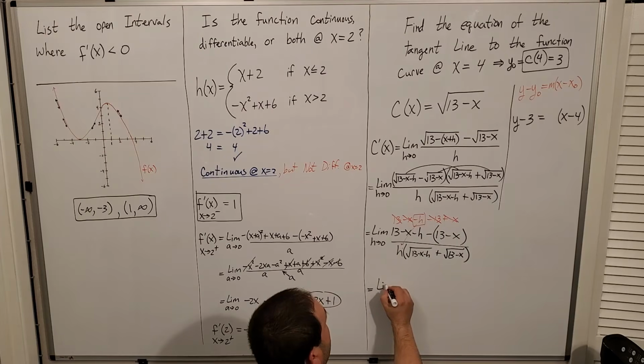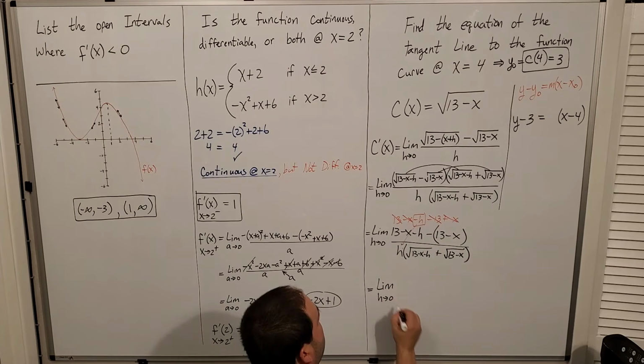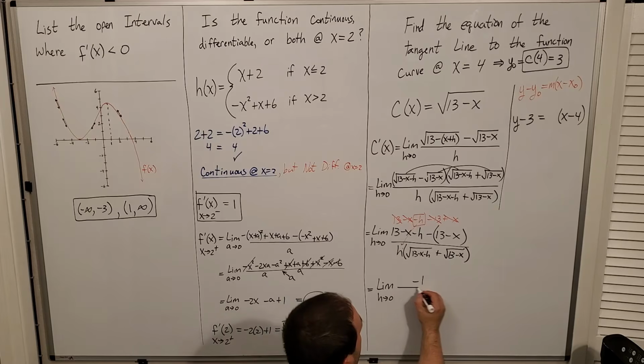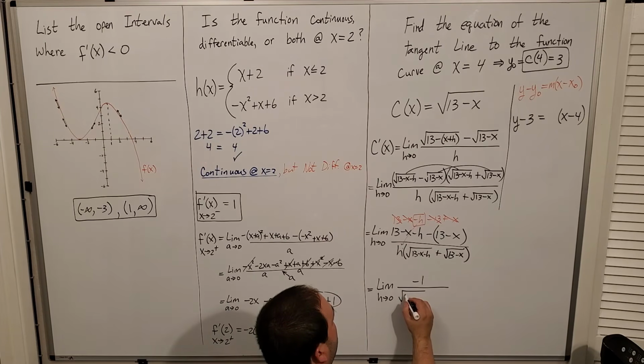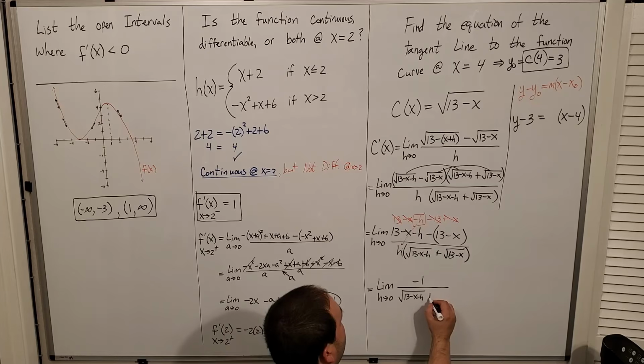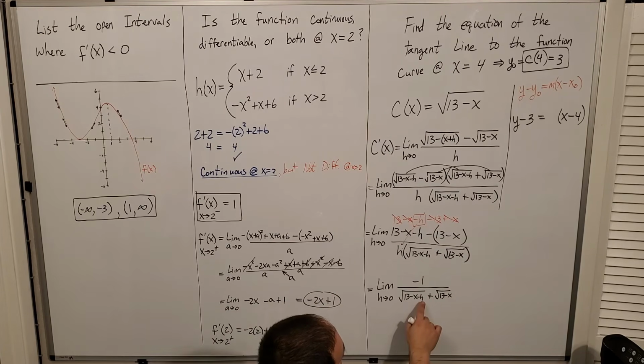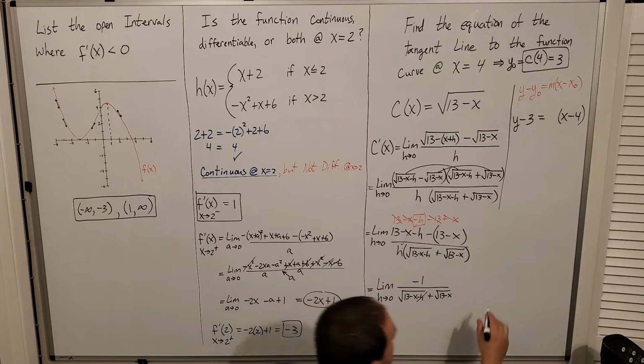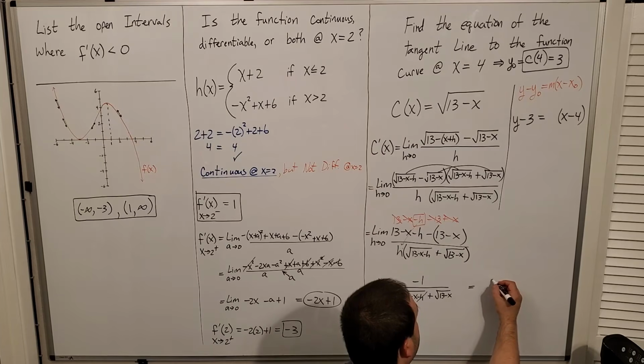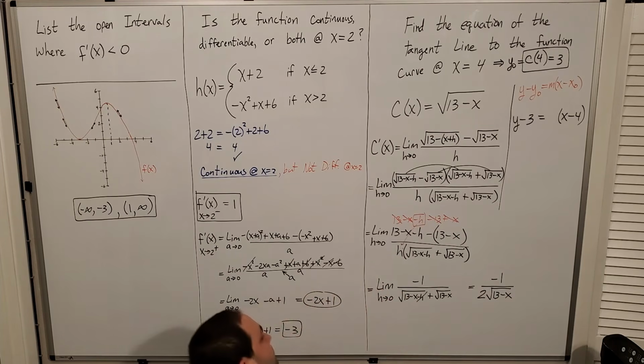So now I have the limit as h goes to 0 of negative 1 over square root of 13 minus x minus h plus square root of 13 minus x. Notice now I can let h go to 0. Okay, this piece will go away, and I simply have two of these radicals that are identical to add together. So my derivative function here is negative 1 over 2 square root of 13 minus x.